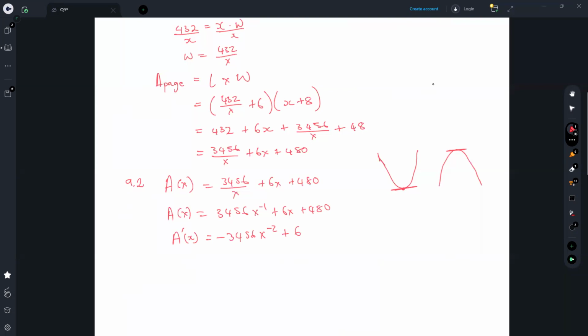Now, what I want to have is the value where a minimum is going to occur. So what am I going to do? I'm going to equate this entire thing to 0, and then I have negative 3456 over x squared plus 6. Okay? Now I can move this to the other side. So I have positive 3456 over x squared is equal to positive 6, like that.